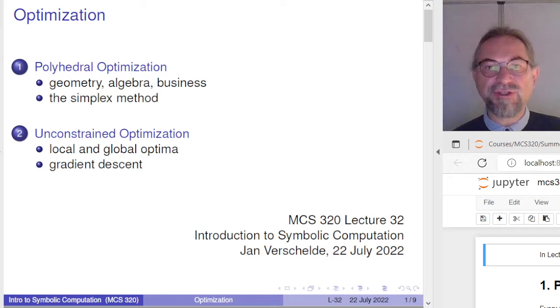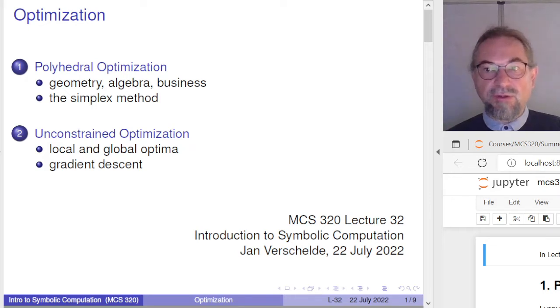In optimization, we distinguish between optimization with constraints and without constraints. With constraints, we can apply the method of Lagrange multipliers, a very general method which we have covered already.